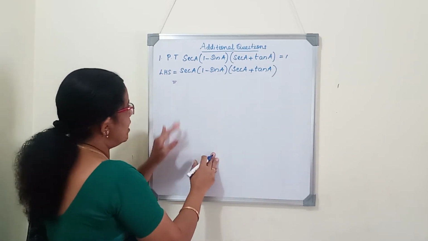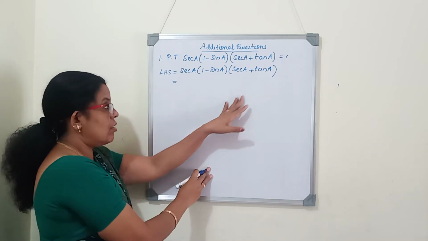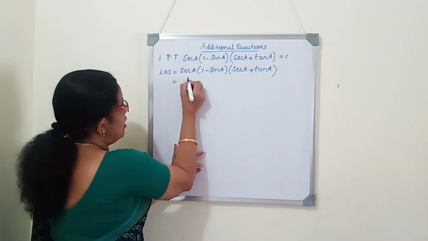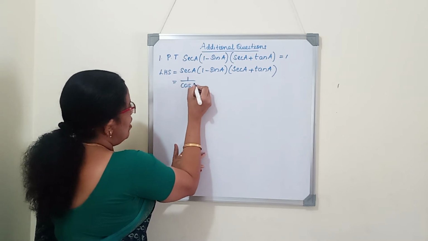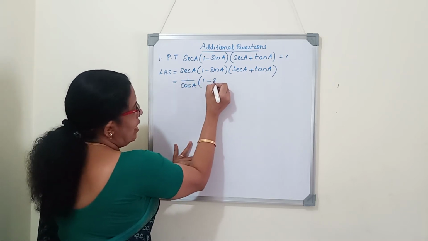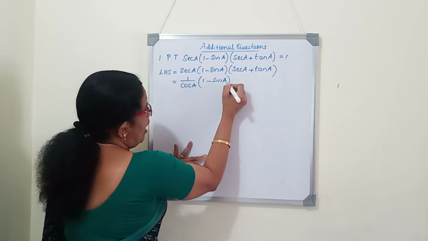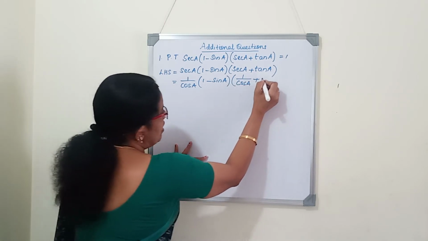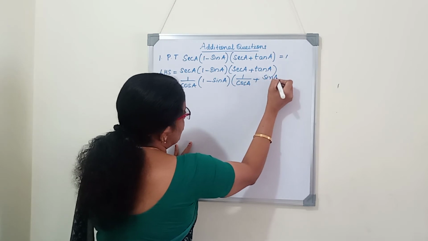Now whenever sec, tan, cot, cosec come, for sec and cosec we will take the reciprocal. Sec A can be written as 1 by cos A, in brackets 1 minus sin A as it is we will write. Again sec A we will write 1 by cos A, and tan A we will write sin A by cos A. Write all the terms in terms of sin and cos.